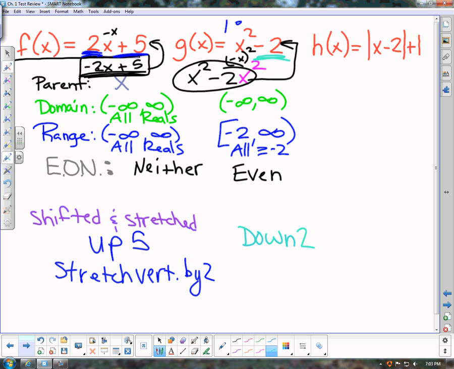Our last example here is absolute value of x minus 2 plus 1. The parent function is the absolute value of x. The domain is a negative infinity to infinity. The range is going to be everything greater than or equal to positive 1. So 1 to infinity.